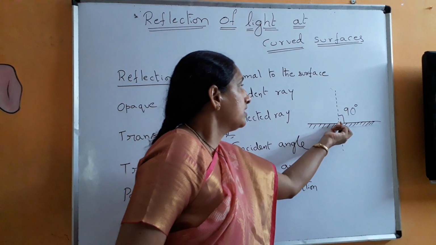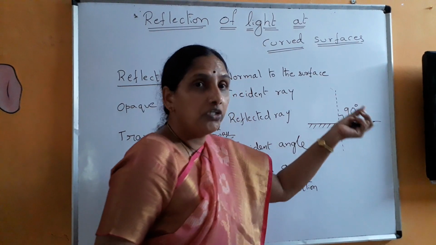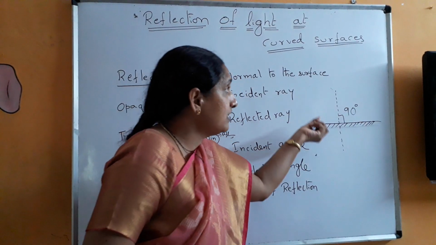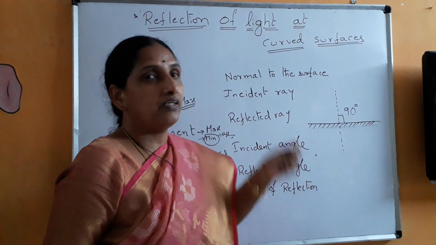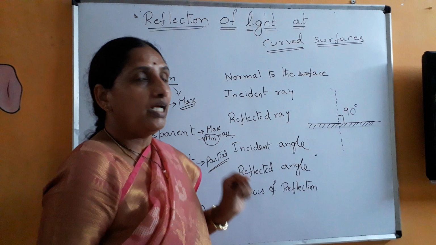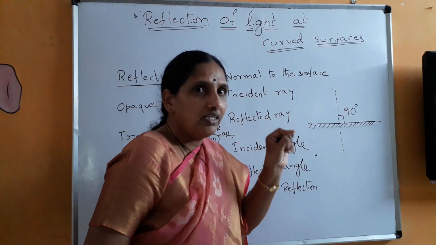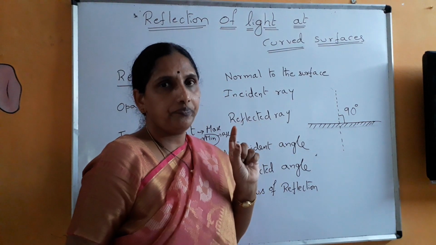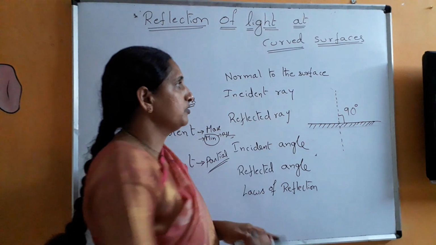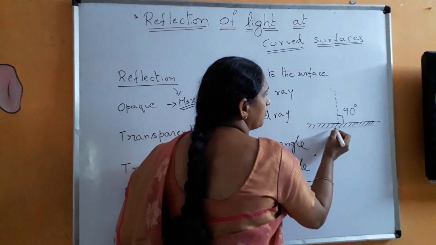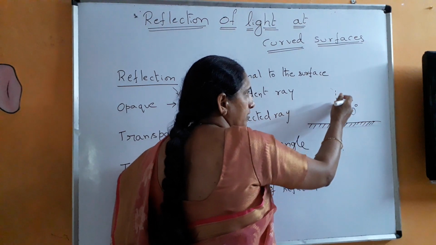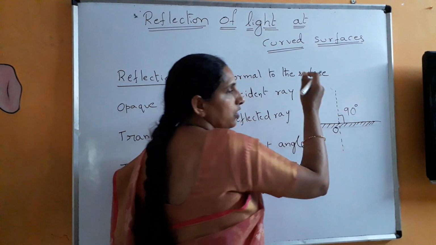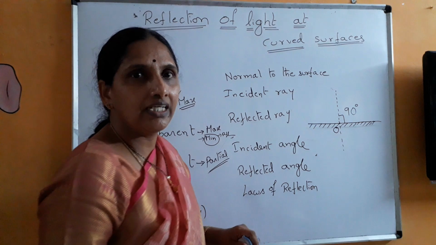Right? At that point where you wanted to study about the incident ray and how it is getting reflected back. At which point are you drawing the normal? At that point where you wanted to study the behavior of the light ray. So let us suppose that I wanted to study the behavior of the light ray at point O. So I am drawing a normal here at point O onto the surface.